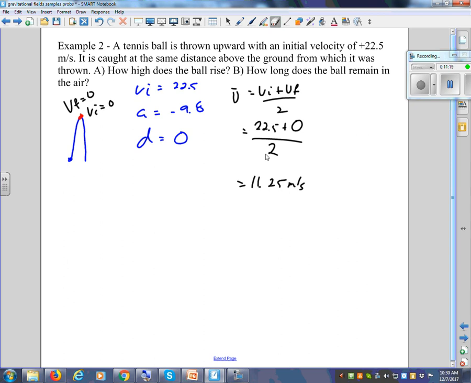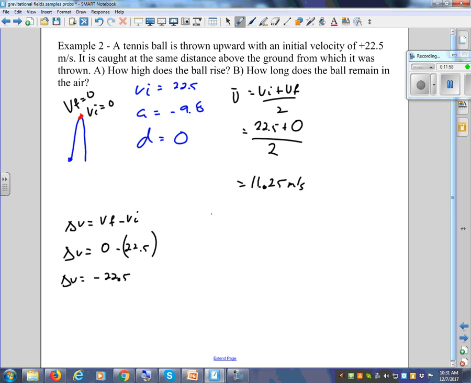I know the A, I'm trying to find T, but I don't know the change of velocity, do I? Can I figure out the change of velocity? I sure can. Delta V is VF minus VI. What's the final velocity? 0. The initial is positive 22.5, and we're subtracting it though. So yeah, the delta V, that makes sense, is minus 22.5. Because it goes from 22.5, it goes up, and it ends up at 0. So it changes by minus 22.5.